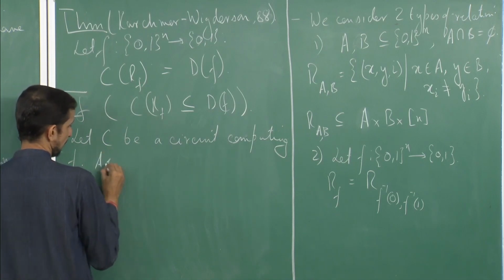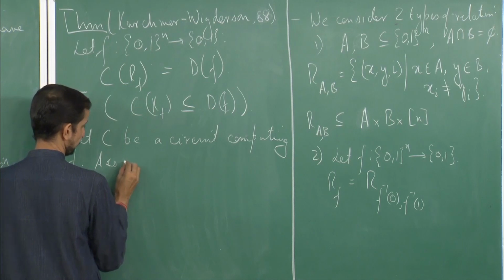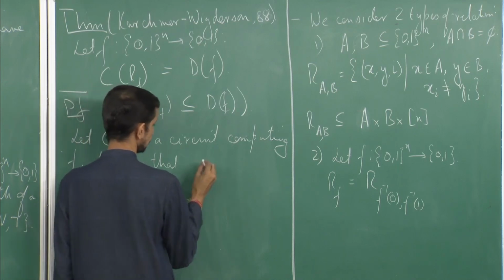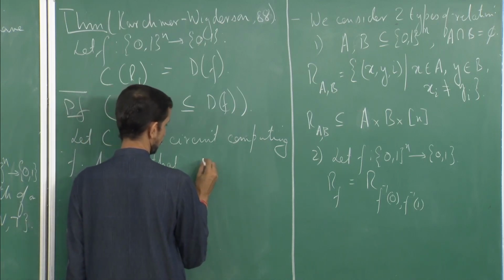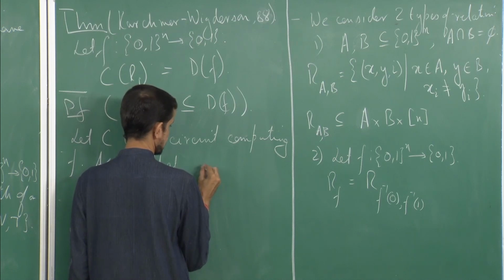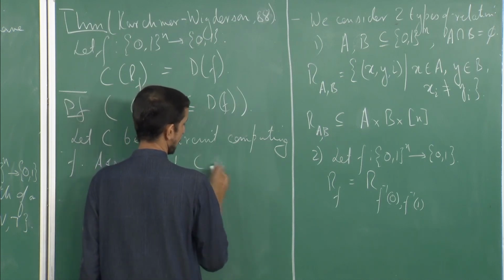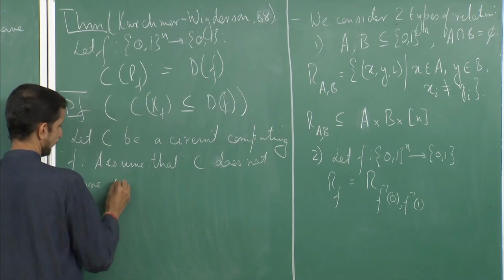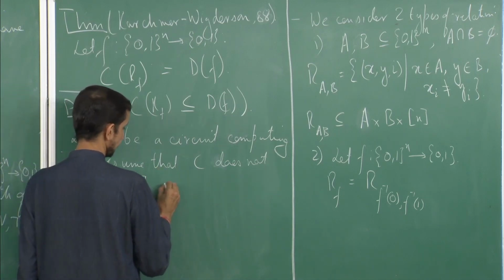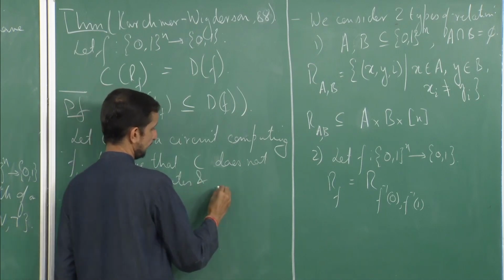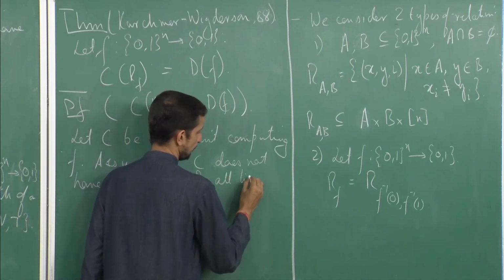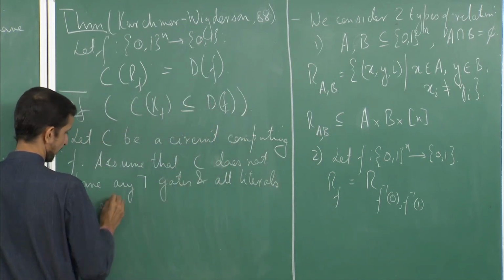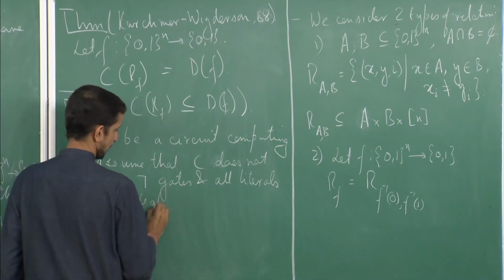So assume that C does not have any NOT gates and all literals are at the leaf level.